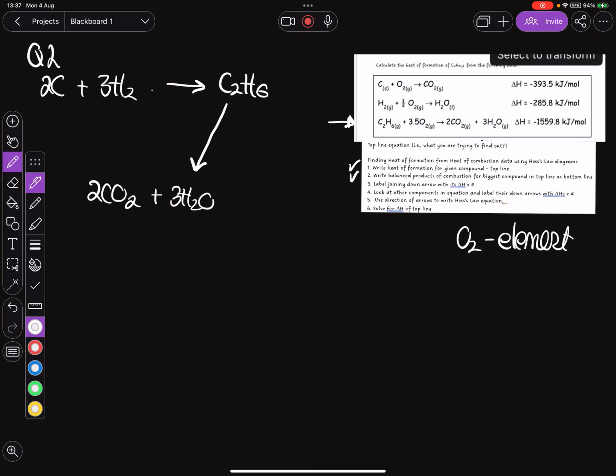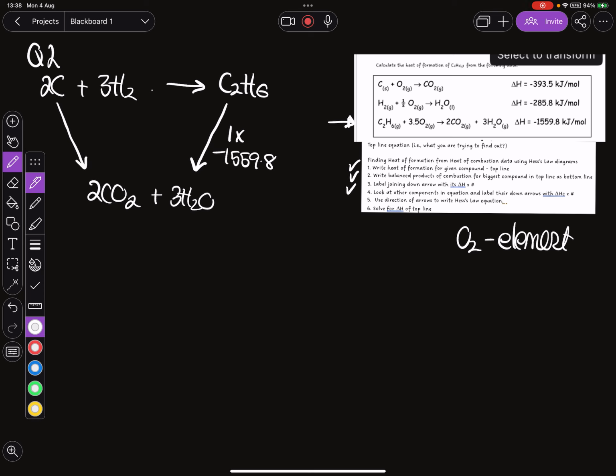So we then go to label my joining down arrow with its enthalpy value and its number. So there's only one of them in this top line, so it's going to be 1 by minus 1559.8. We then look at other components in the equation and label their down arrows.